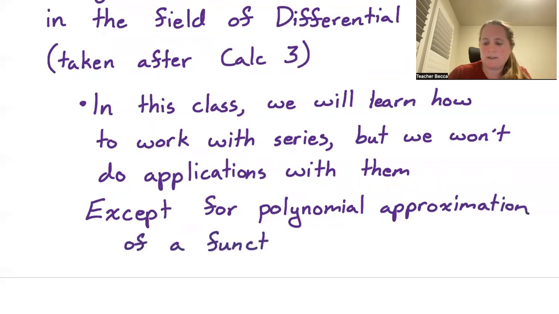So essentially, we are coming up with infinite polynomials that match a function. So if we don't give the entire polynomial, if we only give, say, the first 5 terms, the first 10 terms, that will give us a polynomial approximation for a function.